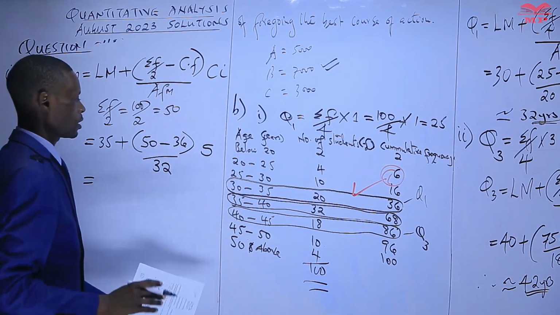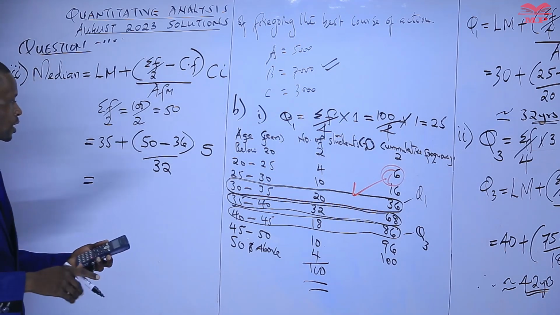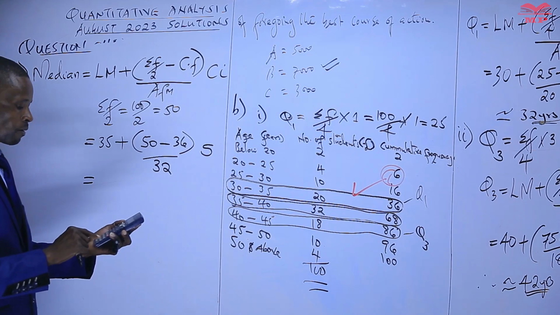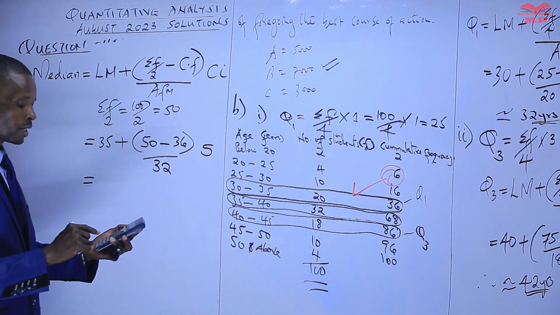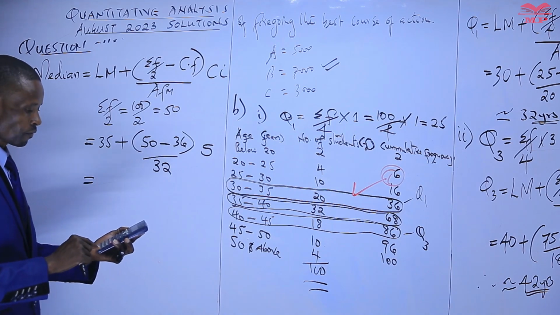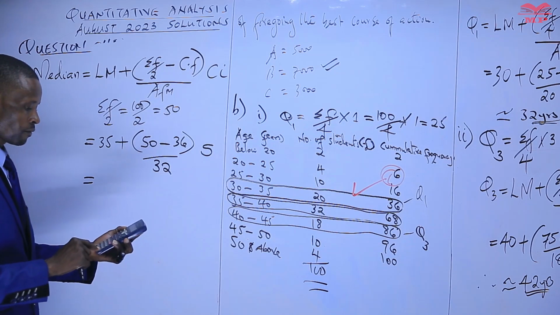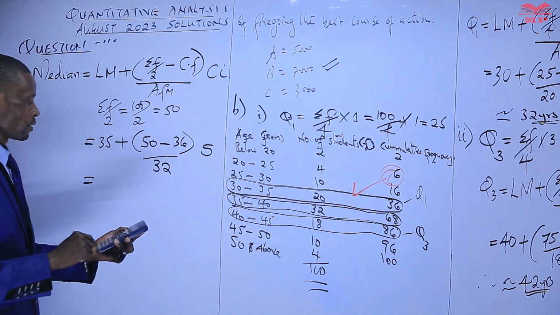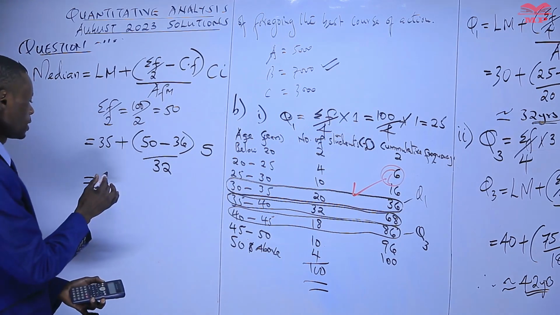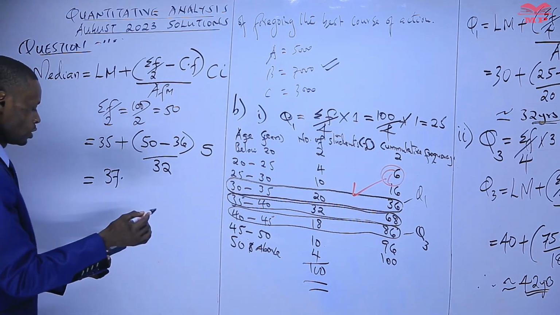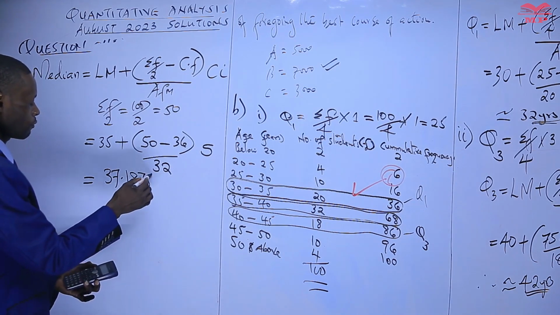So let us have that solution. It is 50 minus 36, divided by 32, times 5. Then 35 plus that answer, I have 37.1875.